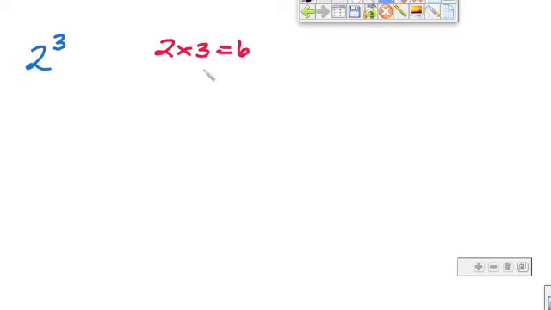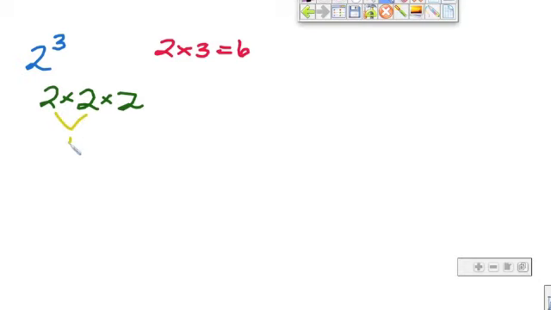So keep that in mind. What you're really supposed to do here is write this number that many times. So 1, 2, 3. And I'm going to multiply these all together. And when I multiply these together, I'm going to get a different answer than 6. And this is just to prove to you that these are two separate things.